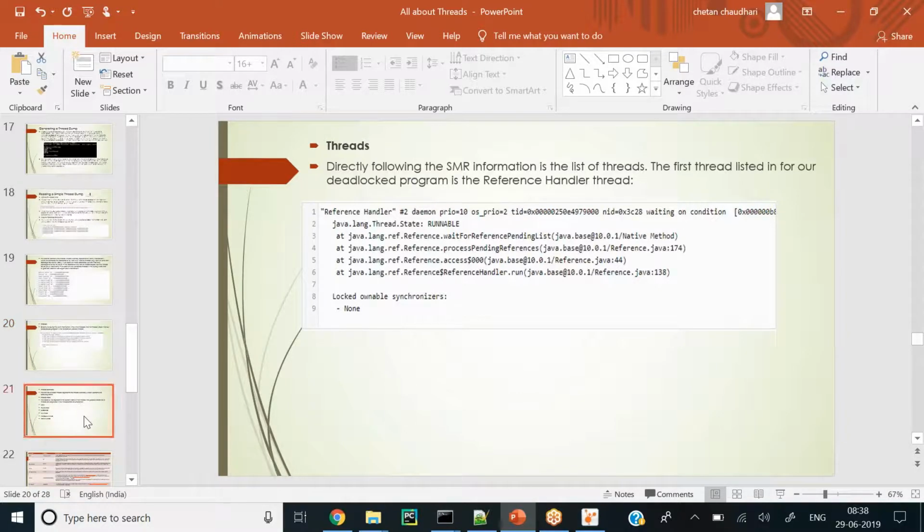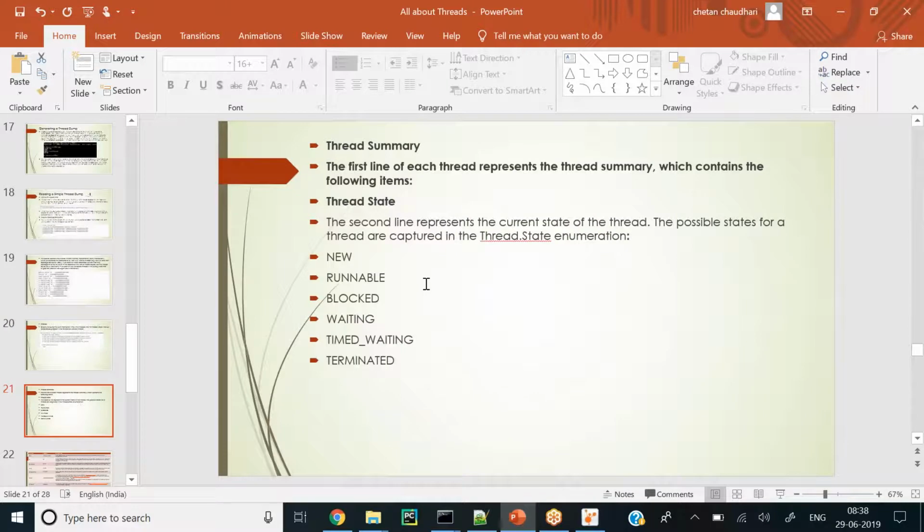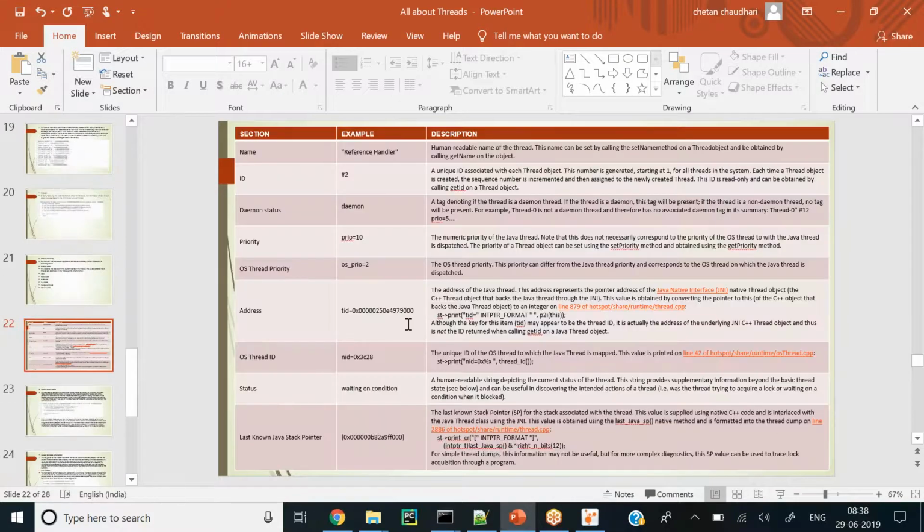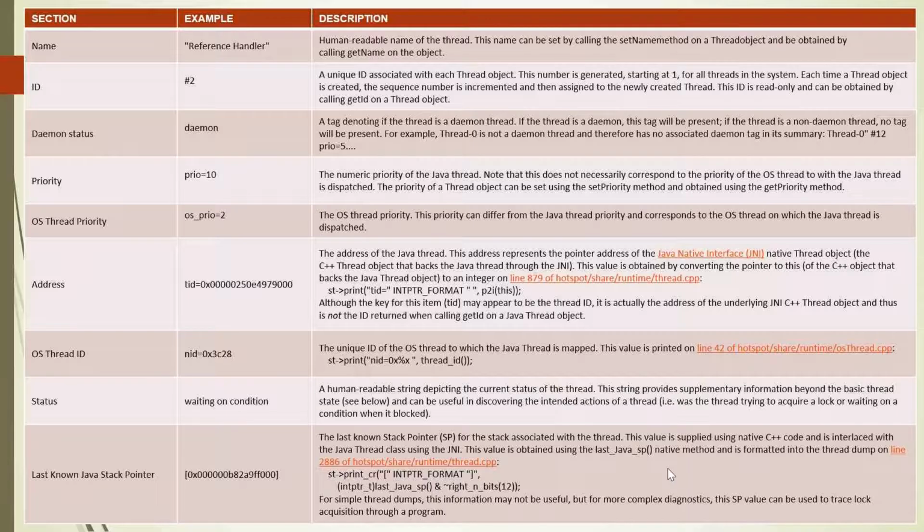Then you have a thread summary. The first few lines represent a thread summary, which contains specific items like thread state. Then you have different types of values available. This is a simple table which gives different types of attributes and what they mean.